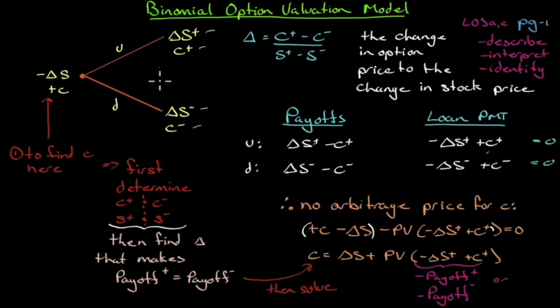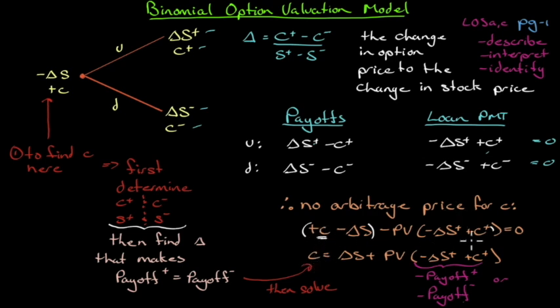So since we know the payoff, the payoff must equal the loan. Since we know what the loan is, but we don't know the call price, it's easier to bring the loan back to time zero than it is to carry the underlying forward, because we don't know this. We're trying to solve this.